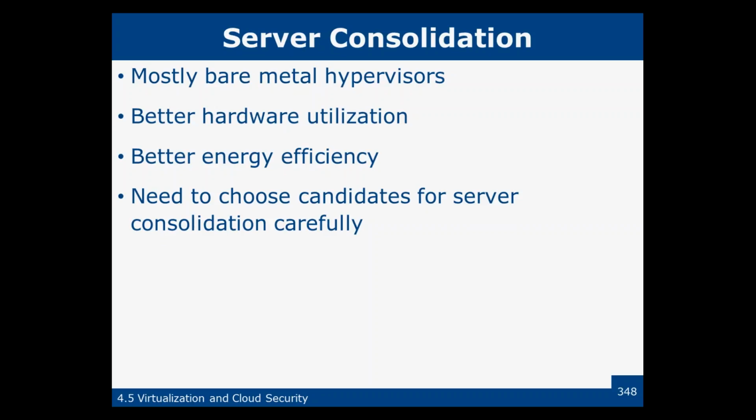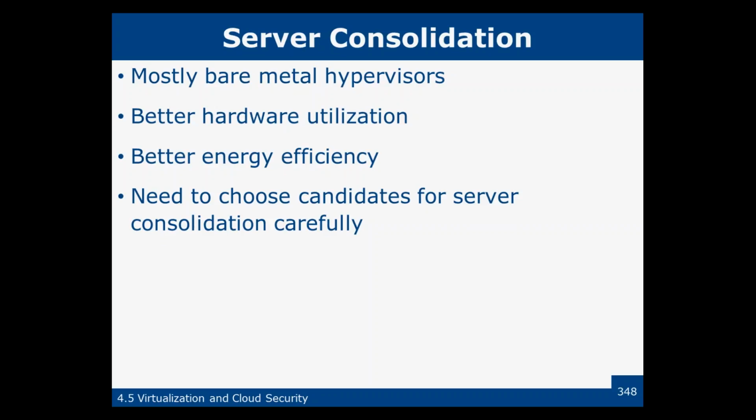You get better hardware utilization. We've talked about that. Better energy efficiency, because we're not running as much hardware. We're running the hardware harder, so it's going to individually consume more energy, but in the aggregate, with the number of computers we're using, the energy consumption should go down. You need to choose candidates for server consolidation carefully.